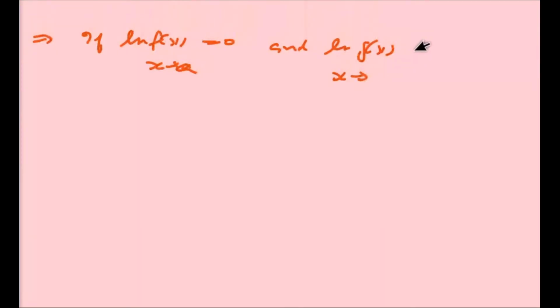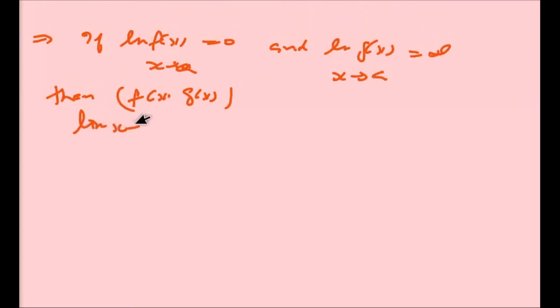Okay, now if limit f(x) equal to 0 as x tends towards a, and limit g(x) as x tends towards a is equal to infinite, then f(x) into g(x) as x tends towards a is 0 into infinite.